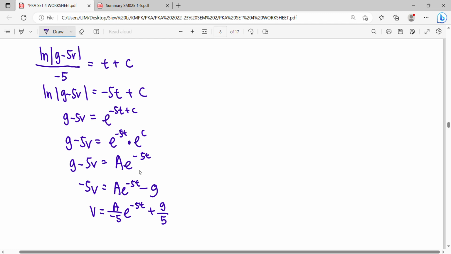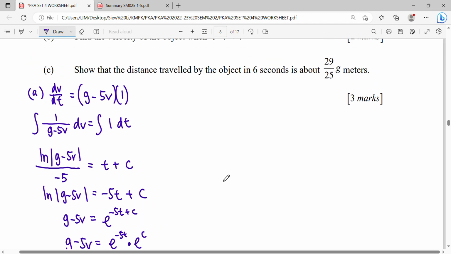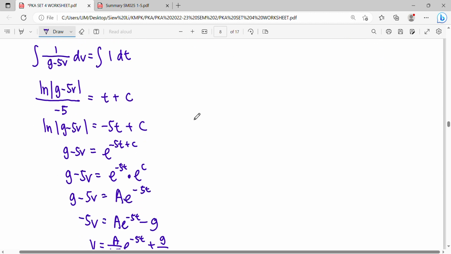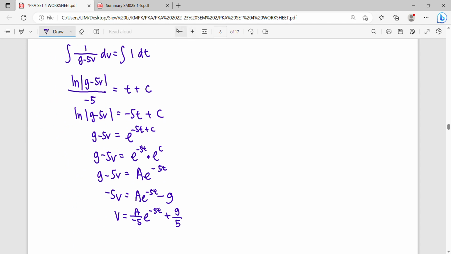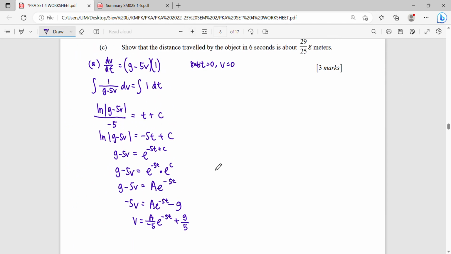Then we can start to substitute the initial value. We substitute t equals to 0, v equals to 0. Plus g over 5.